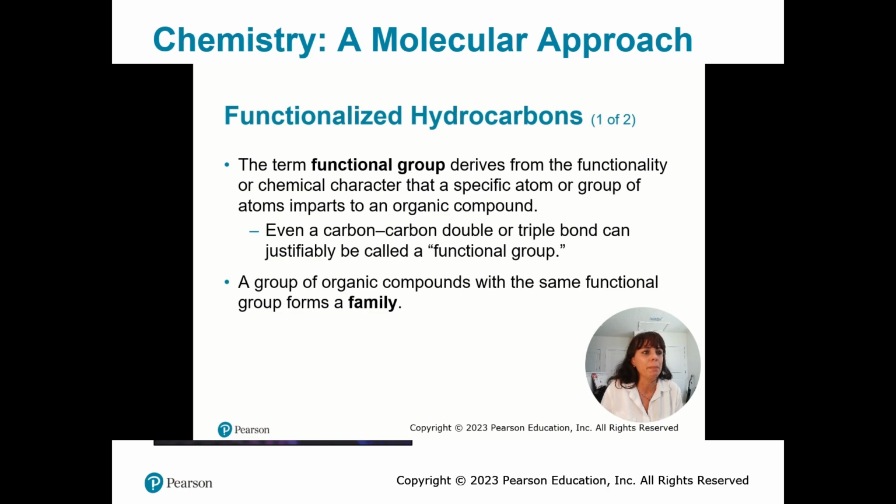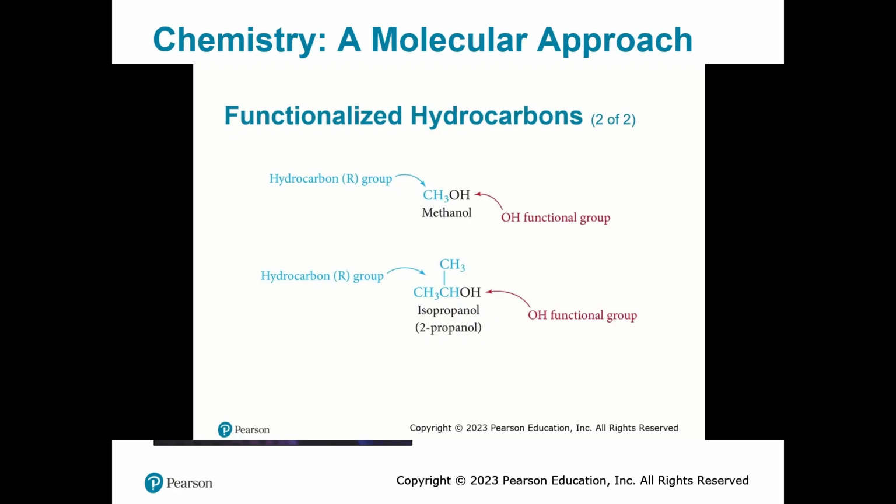Okay, functional groups derive from the functionality, or chemical character, that a specific atom or group of atoms imparts to an organic compound. A group of organic compounds with the same functional group will form a family. Like here, we have the hydroxyl functional group, so we have alcohol.